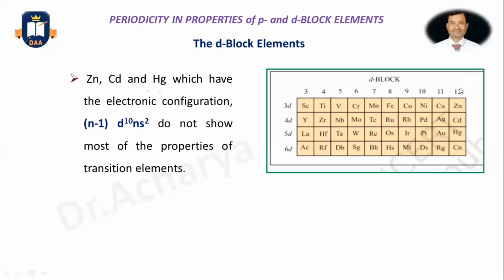Though group 12 elements are d-block elements, they don't show most of the properties of the transition elements. Though group 12 belongs to the d-block transition metals, these particular metals don't show the properties of transition elements.